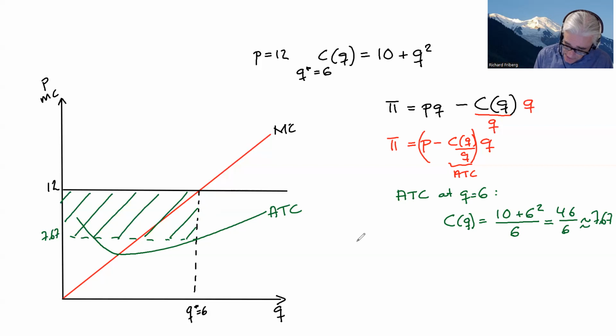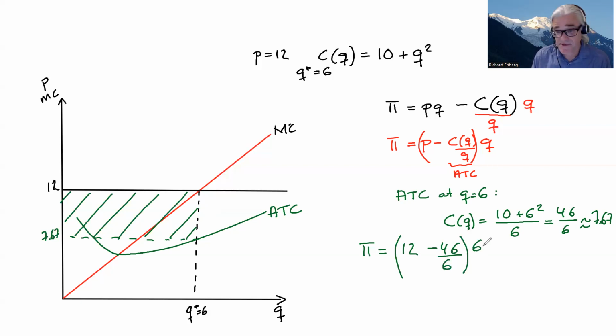We can also do the calculations using this formula. So profits equals 12, that's the price, minus average total cost. So here we use this. So it's 46 over 6 times 6, which is the quantity. We can see that we put this on the, dividing both by 6.